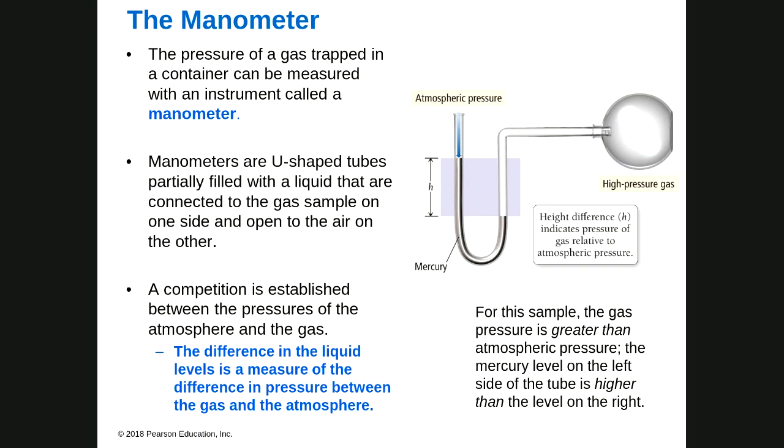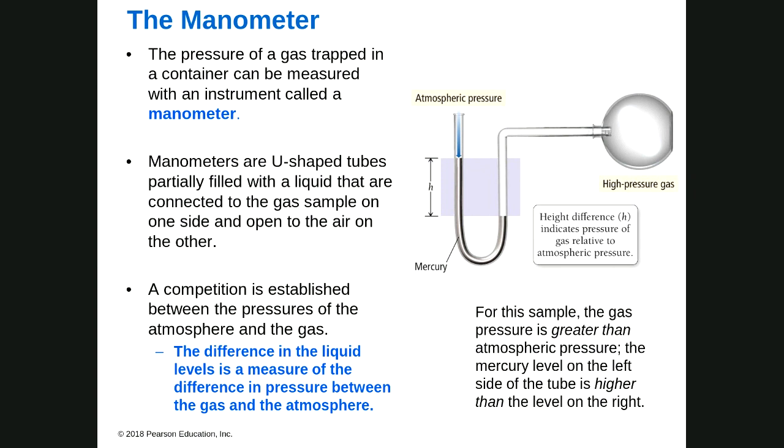All right, so how we measure this now is, of course we use things other than mercury now, obviously, but there are two instruments that we use to measure pressure. One is a manometer and one is a barometer. A manometer gets the pressure of something that's trapped in a container.